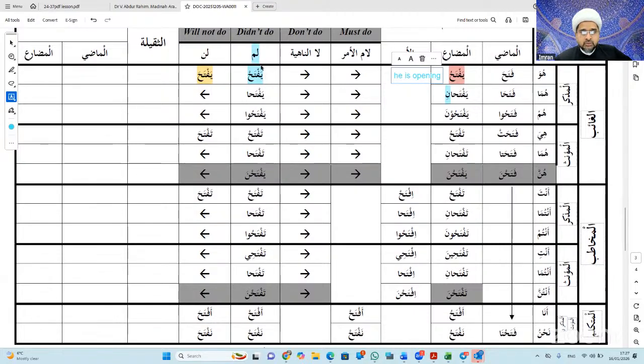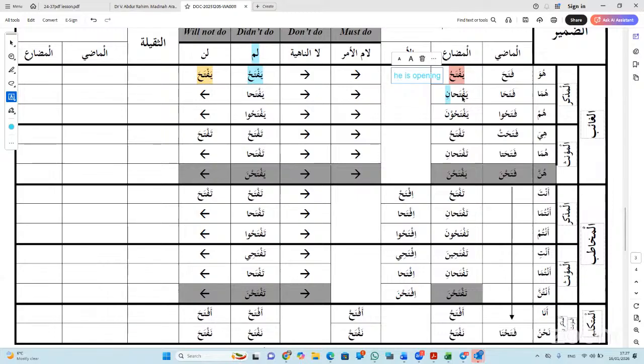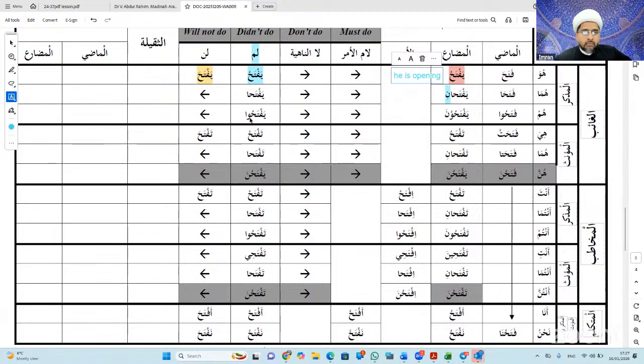So lam comes in front of the present tense. The singular verbs, what happens to it? It gets a sukoon. Excellent. And what happens to the dual? No, the noon gets dropped. Lam yaftaha, the noon gets dropped. And lam yaftahu, what's happening here? The noon gets dropped and you replace it with an alif.